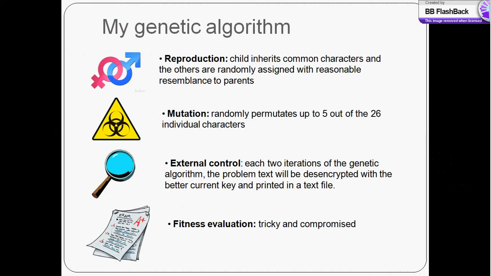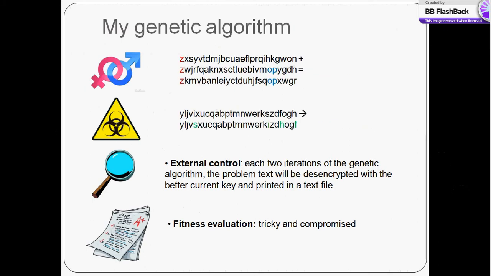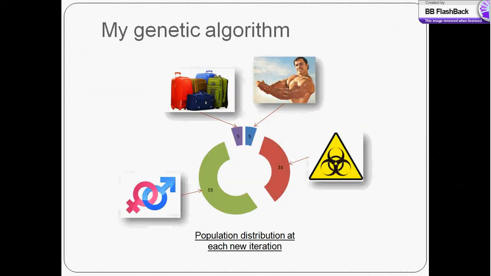An external control function, every 2 iterations of the genetic algorithm, will print the best current decoded text in an external text file, so it can be studied without compromising MATLAB calculations. And also a fitness evaluation function.